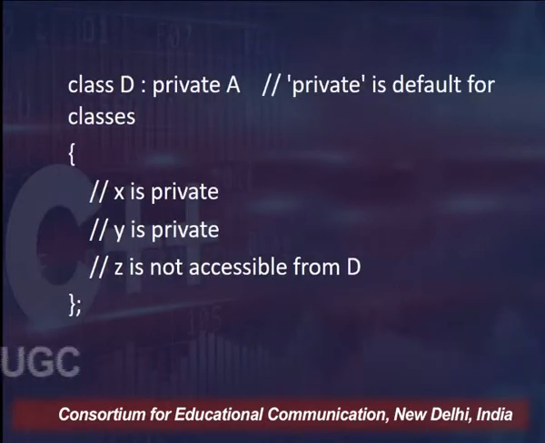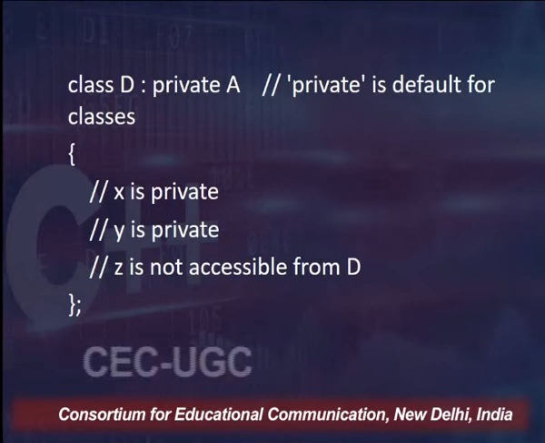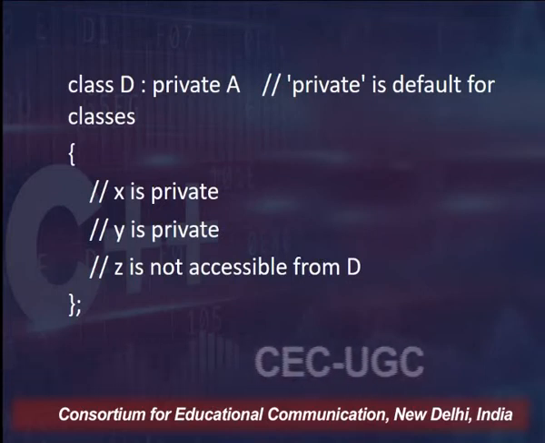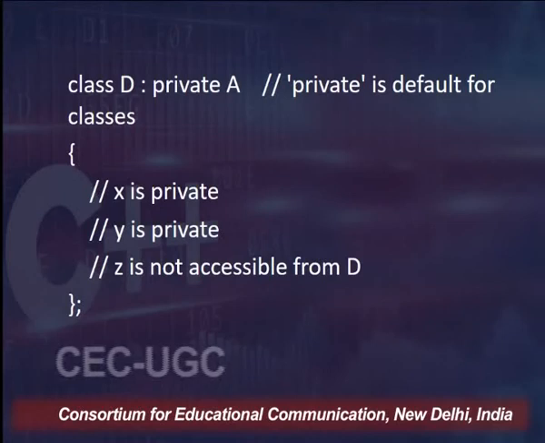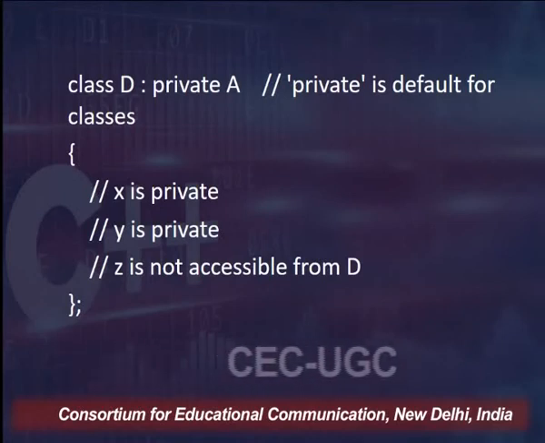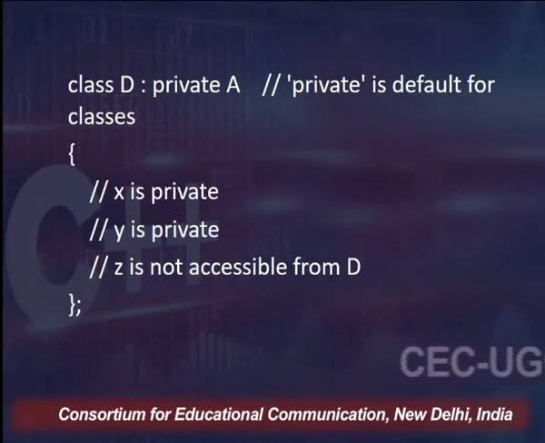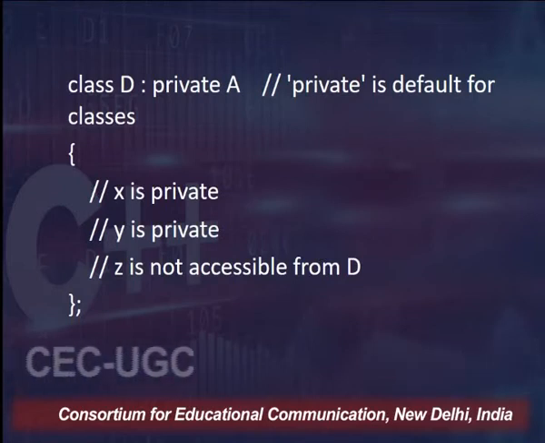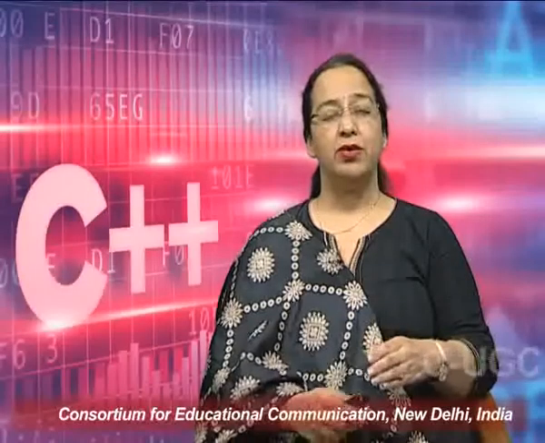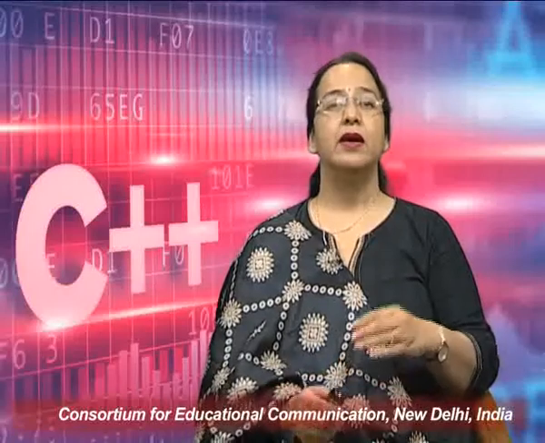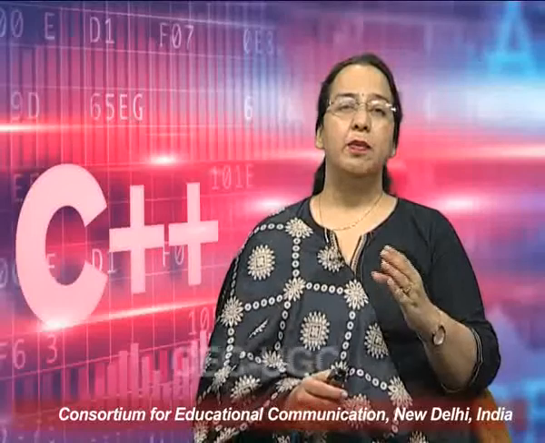Now coming to class D, which is inheriting class A privately, or we can say private is the default for all classes. Whenever we inherit a parent class privately, all the public and the protected members will reside inside the derived class in the private section.